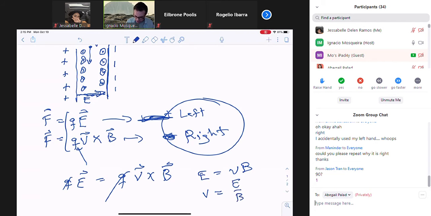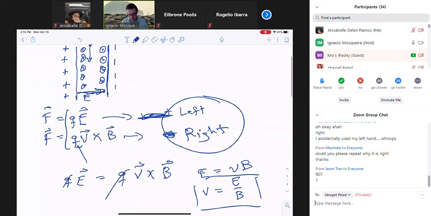So what does this mean? What am I trying to do? If I shoot an electron at the right speed, then it will suffer no force. The two forces will cancel out, and the electron will move in a straight line right through this instrument.